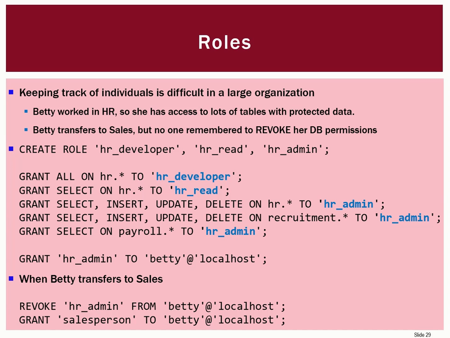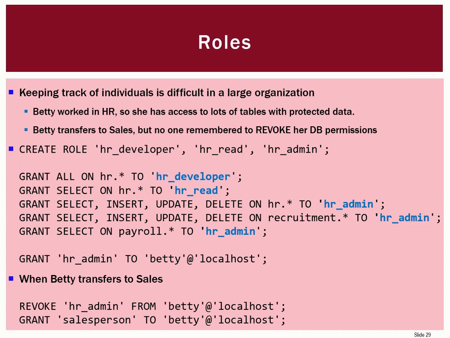And then we can have one set of roles, one set of privileges for an entire group of individuals. And the way we would then associate the role with the user is like our last grant statement: grant the HR admin role to Betty at localhost.